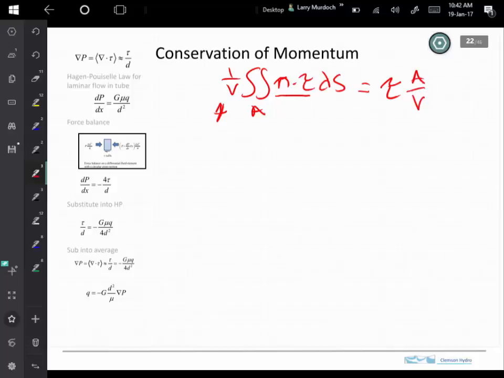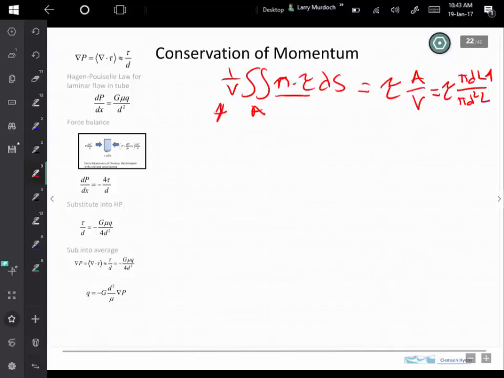Okay? And if we say that the pores are cylindrical, then the area of the cylinder is pi D L, and the volume of the cylinder is pi D squared over 4L. These are pores that look like that.